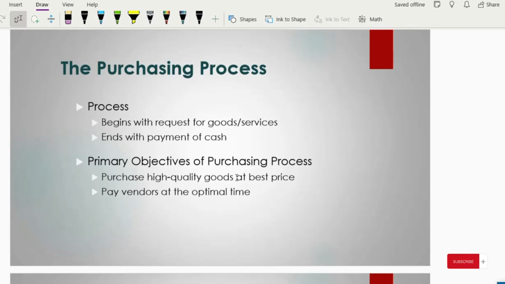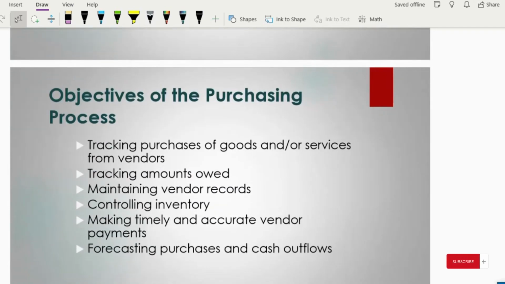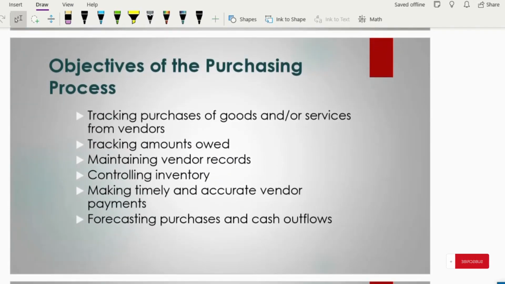The primary objective is that we have to purchase high quality goods at the best prices, and we have to pay the vendor at the optimal time. Optimal time means that we try to take as much credit time as we can, but we always avoid becoming a bad client for the vendor, so that we keep our relations with the vendor for the credit purchases.